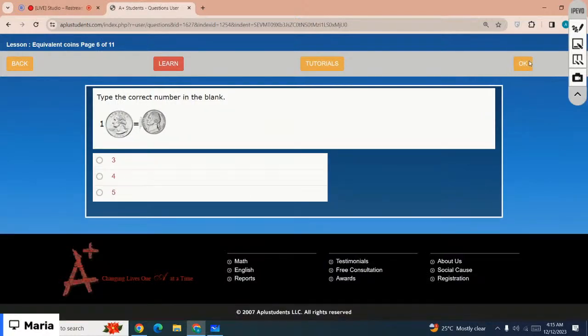Okay, the next one is type the correct number in the blank. If you have 1 quarter, how many nickels do they make?